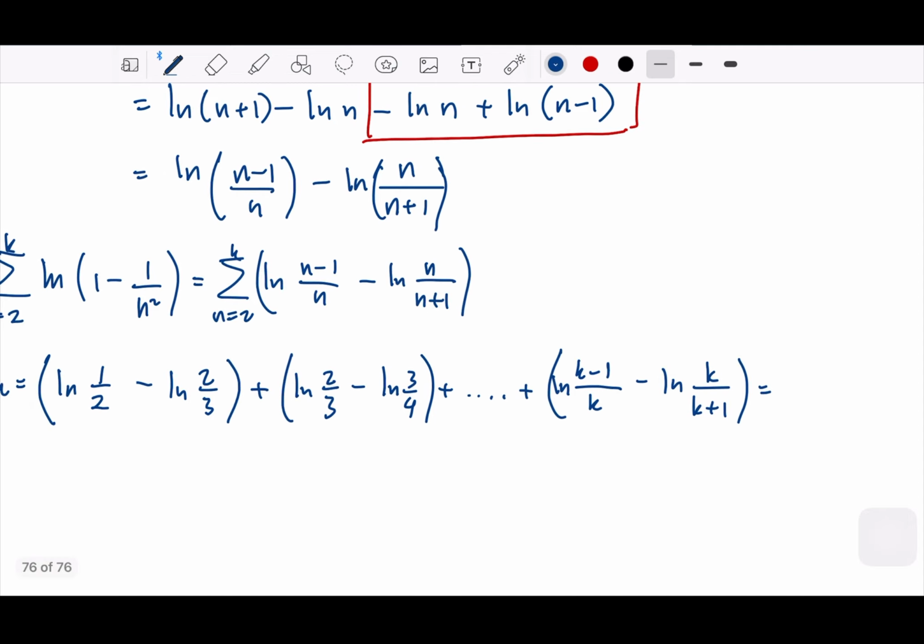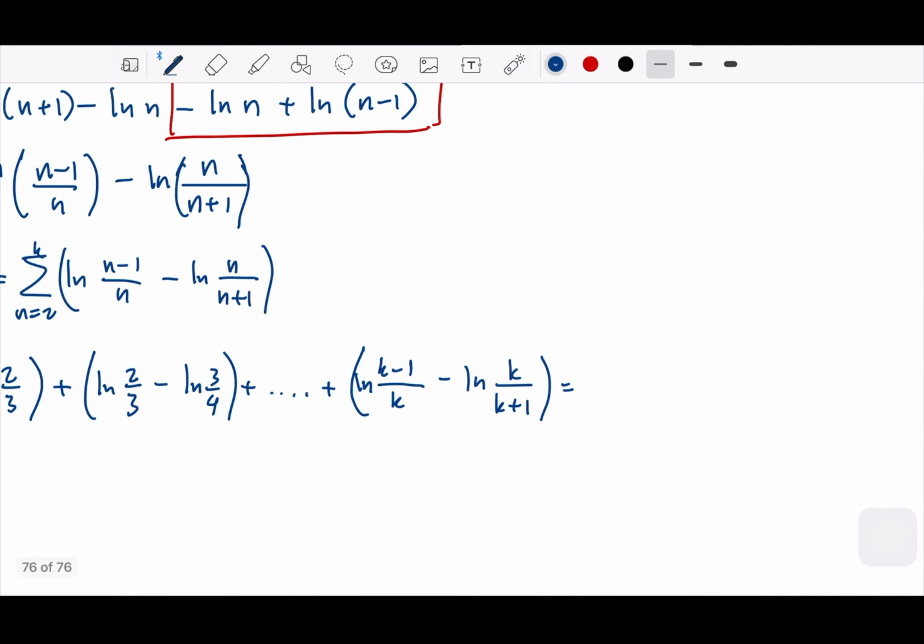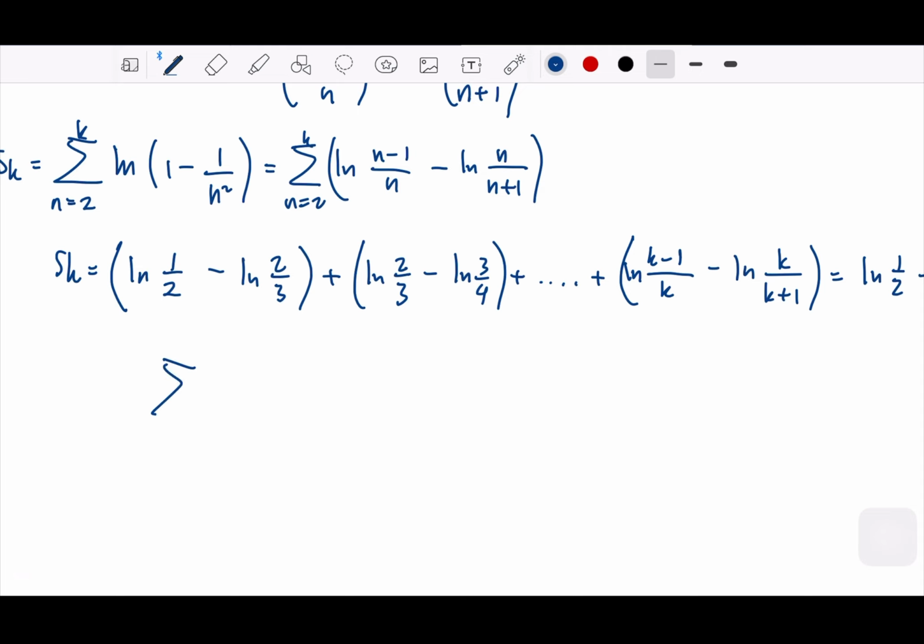And since we will have an infinite number, let me write the ln first. So if k goes to infinity, we will have the limit as k approaches infinity of our partial sum of k.